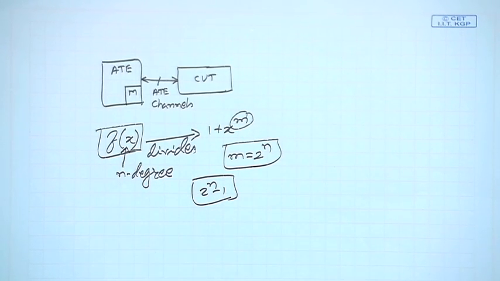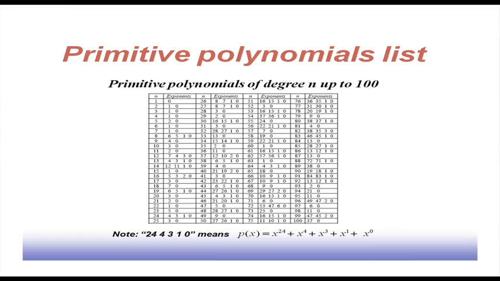So, you start the LFSR with any non-zero pattern, and it will generate all the 2 to the power n minus 1 patterns, and only then will it repeat itself. Such polynomials are known as primitive polynomials. If an LFSR has this property, we can use it for test pattern generation, because it will generate a large variety of patterns and will not repeat in a shorter cycle.